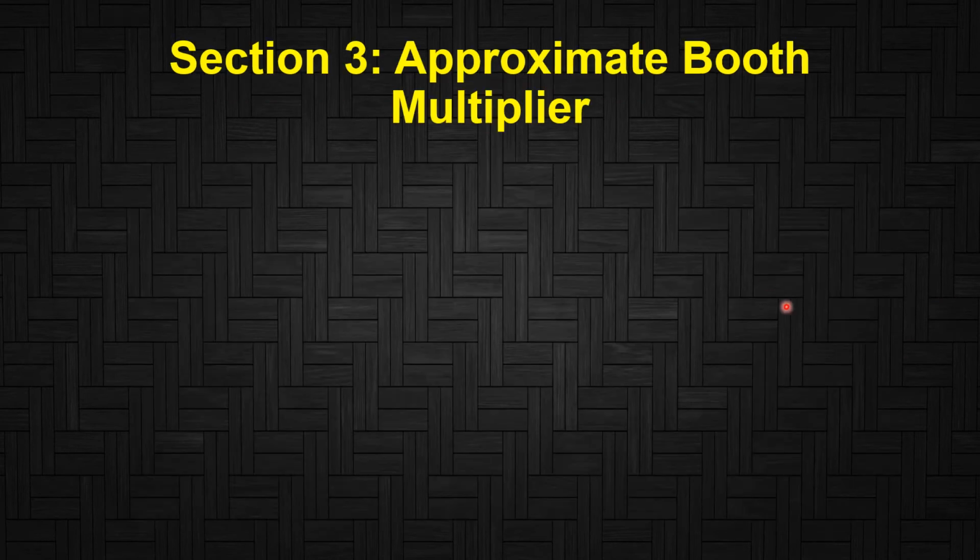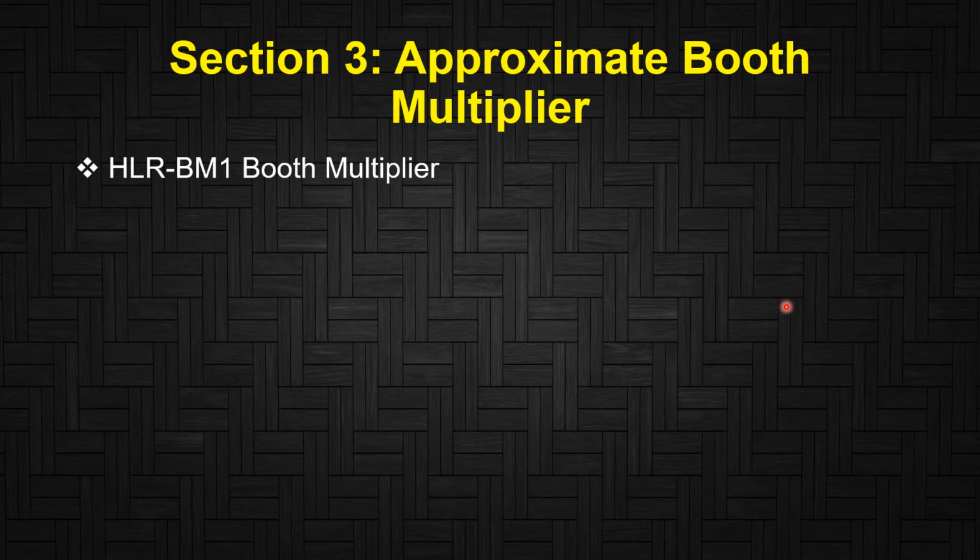Two approximate encoders, R8-ABE, are proposed and used to design HLR Booth multipliers. A 16-bit multiplication is considered to explore the effectiveness of hybrid low radix encoding for k-bit multipliers.